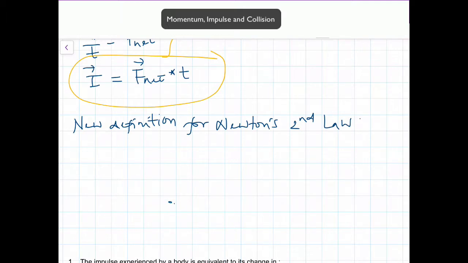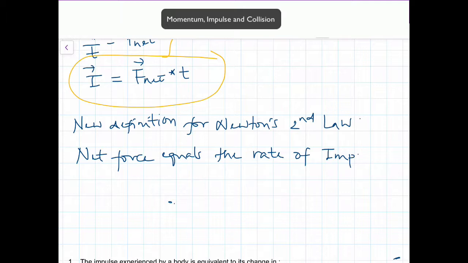The rate of change in momentum is net force. So net force equals the rate of impulse. We know that impulse is the change in momentum, so the rate of change in momentum is Newton's second law, which is equivalent to the net force. So this is what we came up with.